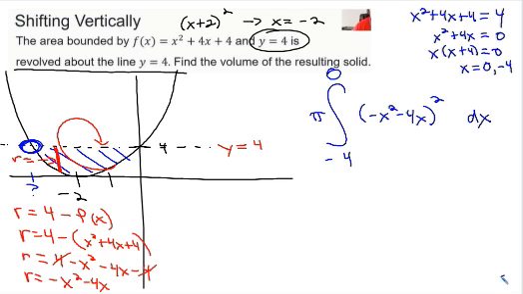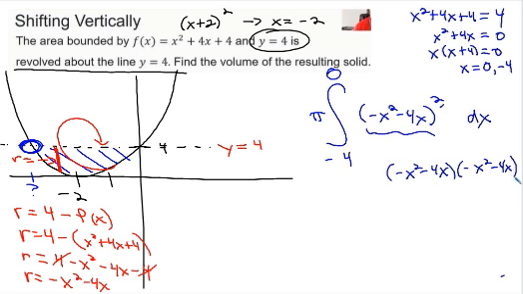This is definitely a problem that could be done either analytically without calculator or with calculator. I will caution you about squaring this. Remember, you do not just distribute this power. You've got to treat it like you are multiplying negative x squared minus 4x times negative x squared minus 4x. So be cautious with your algebra if you're doing that one analytically.